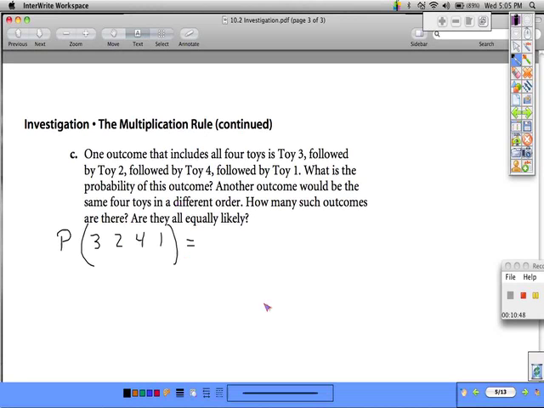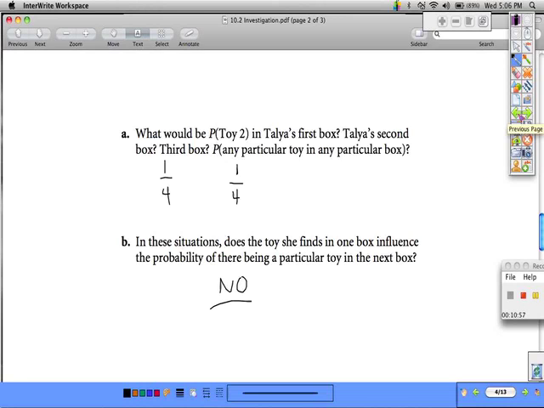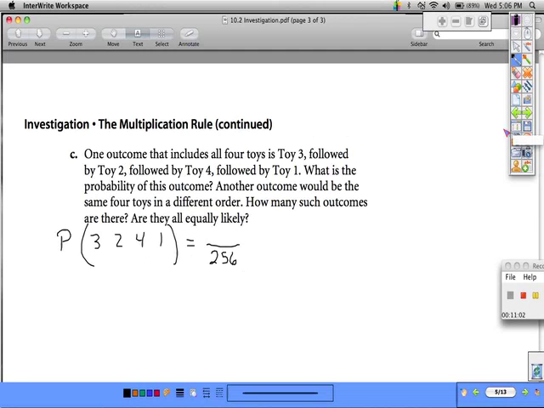Well, there are 256 different paths if we were to count them all out in that tree. And one of them matches this exact path. And then if we were to look through this and check the rest of the arrangements, what we would find out is that there are 24 paths that contain 3, 2, 4, and 1. And they are all equally likely.